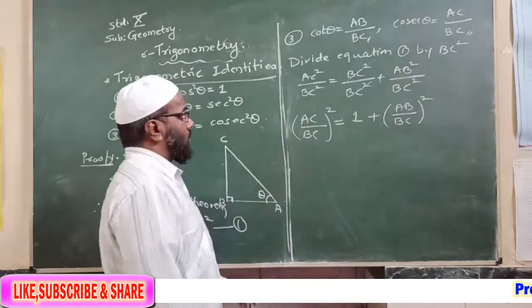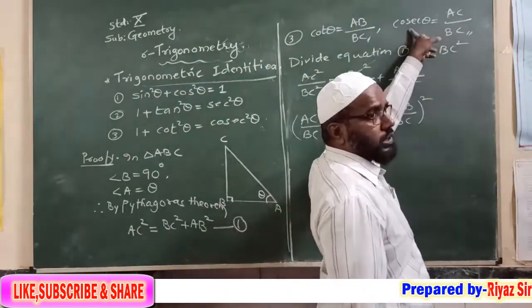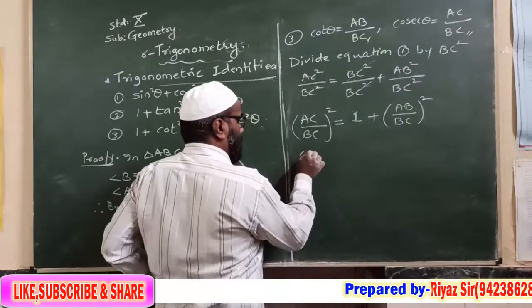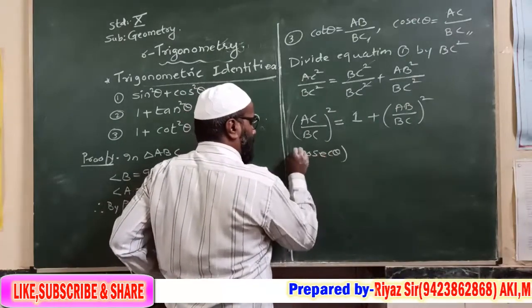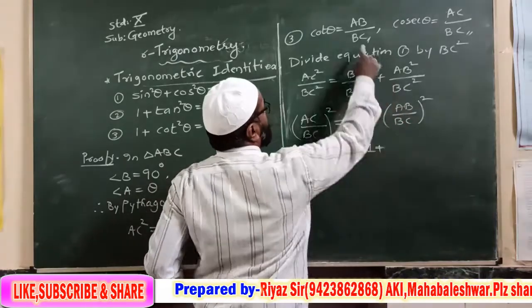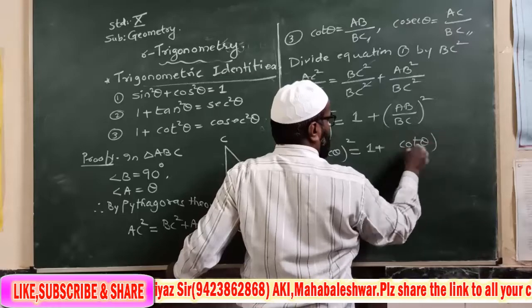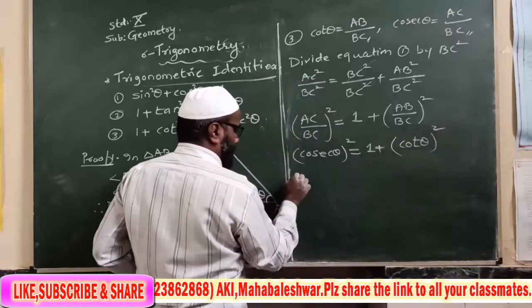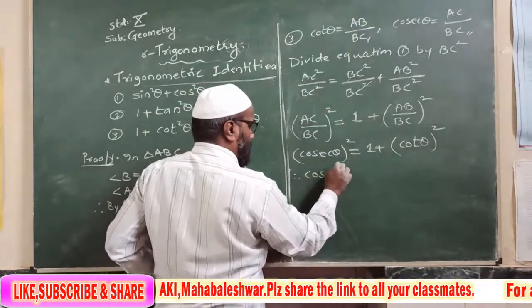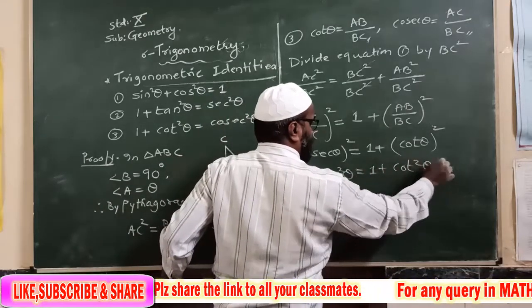Now AC upon BC is nothing but cosec theta. So we write (cosec theta) bracket square is equal to 1 plus (AB upon BC) bracket square. So AB upon BC is nothing but cot theta. So it is (cot theta) bracket square, and therefore cosec square theta is equal to 1 plus cot square theta.